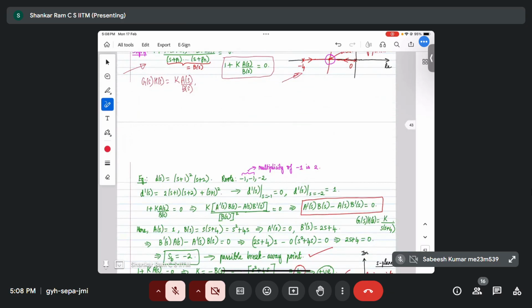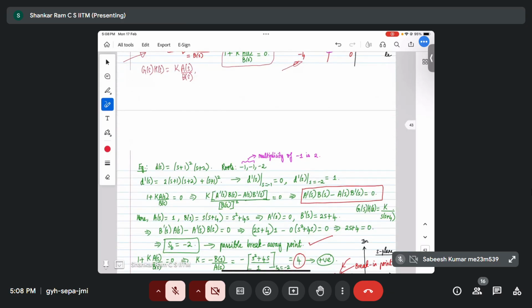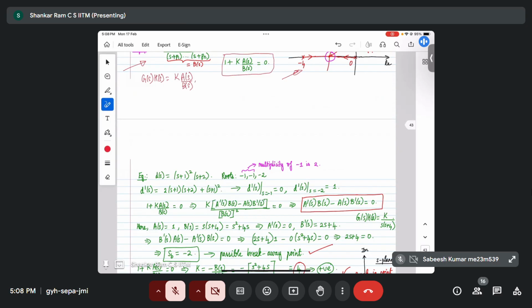Now, before we come here, let's look at this particular example. If we look at this example and then apply the step to the root locus example that we are studying, things will become clear.